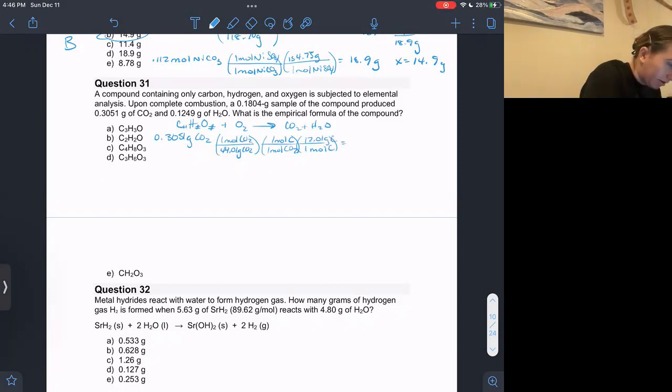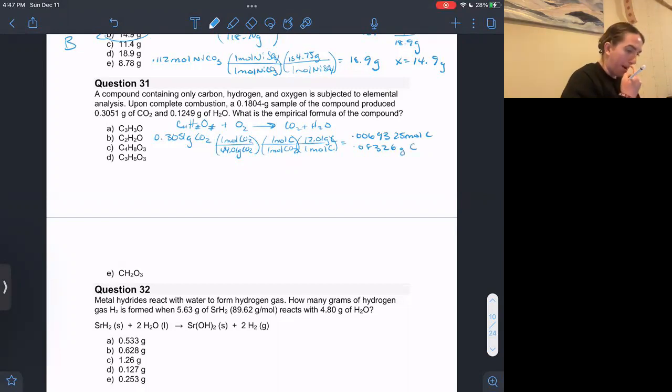But when I plug this into my calculator, I'm going to just divide 0.3051 by 44.01 grams. And so I know that I have 0.0069325 moles of carbon. And then I'll multiply this by 12.01, and then I'm going to get 0.08326 grams of carbon as well. So now I have both of those answers that I'm going to use later.